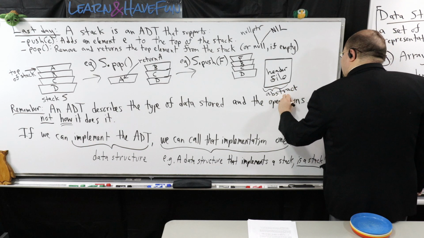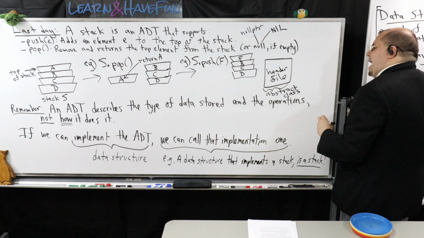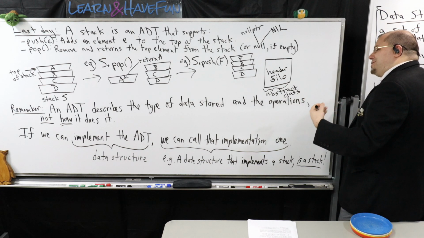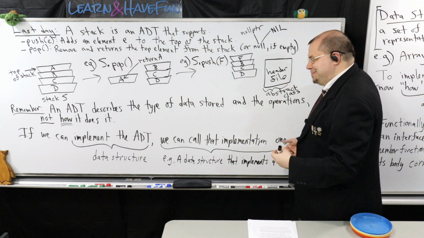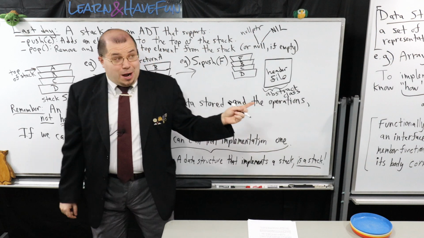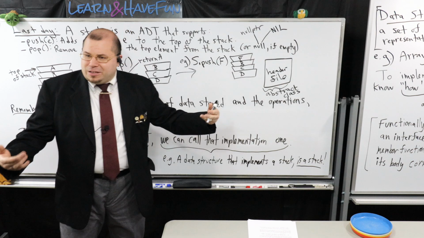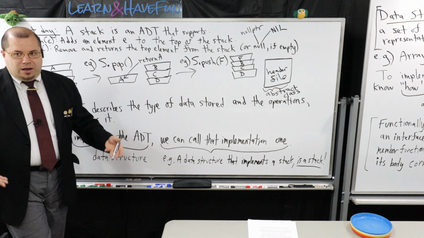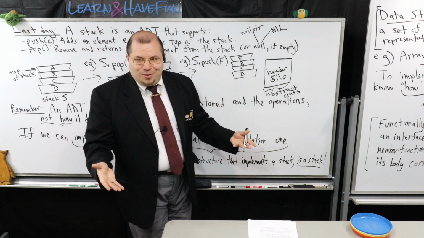And here's the perk about this: if ever I want to implement the abstract data type, which is specified by this interface, in C++ this would be the abstract class, all I have to do is implement all of its member functions or methods.